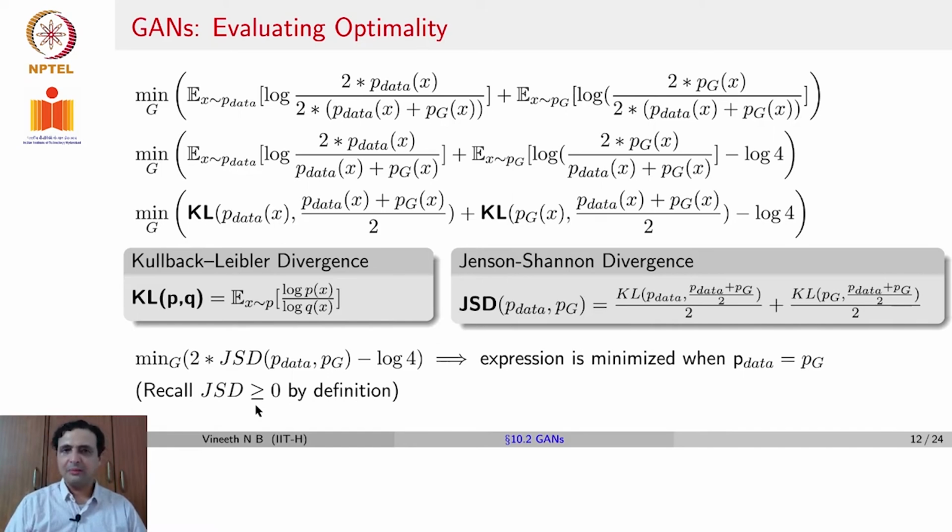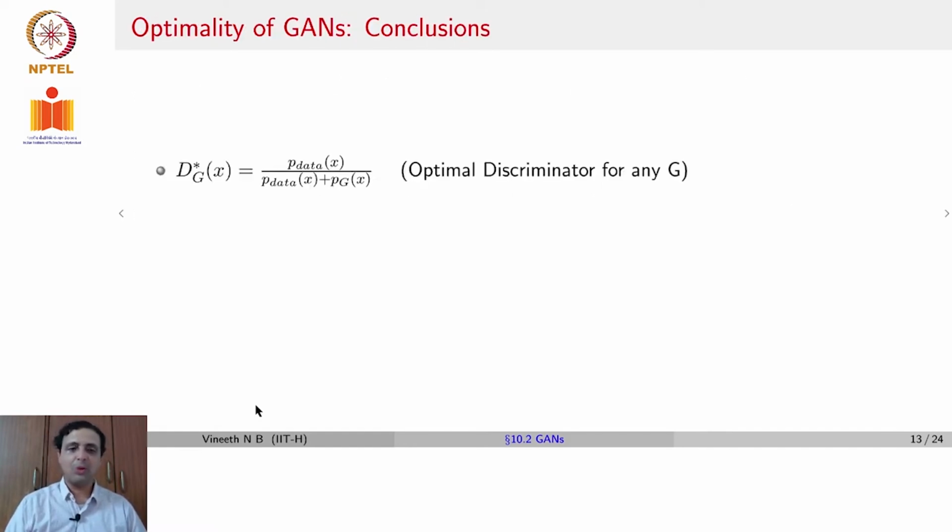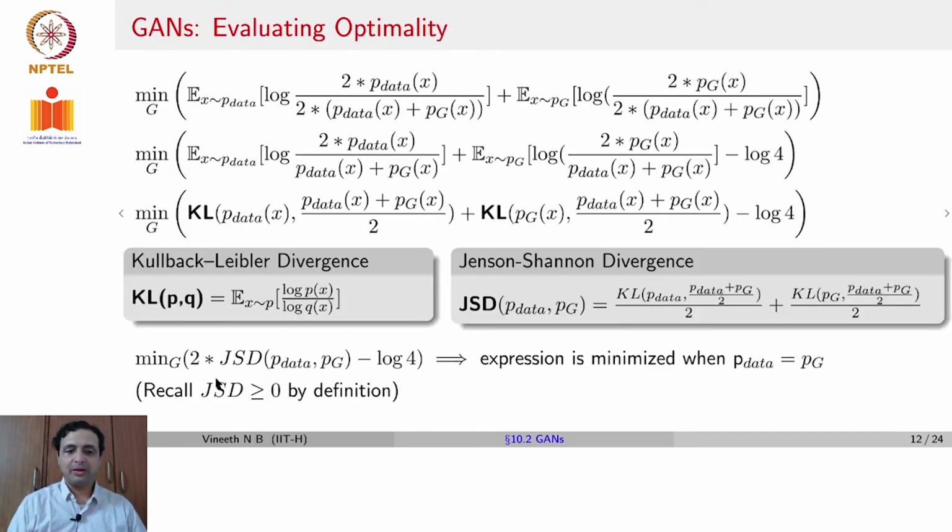Now what does this mean? Let's put all things together now. We already saw that the optimal discriminator is given by p data by p data plus pg. Now this particular term here, which is minimizing over G, 2 into Jensen-Shannon divergence of p data and pg minus log 4.